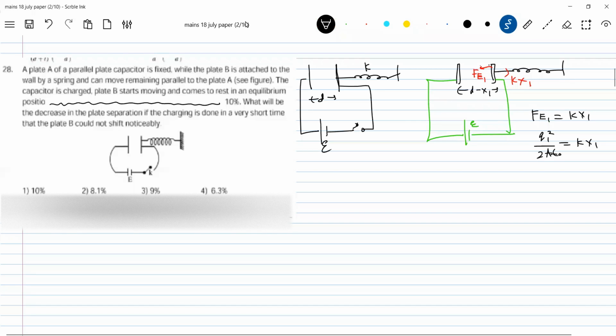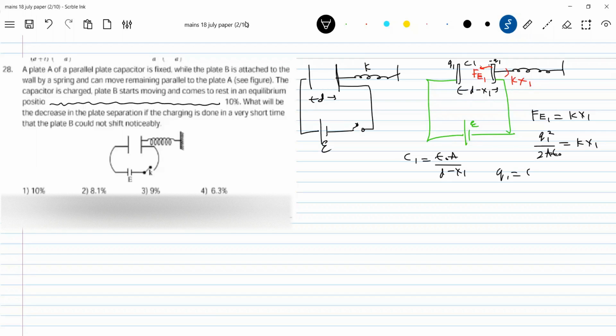What is Q1, the charge on this plate? Q1 and minus Q1. What is the capacitance of this capacitor now? Let it be C1. So C1 is equal to epsilon naught A by D minus X1.